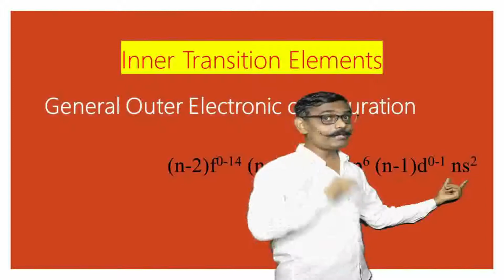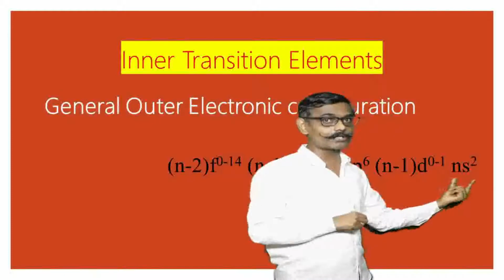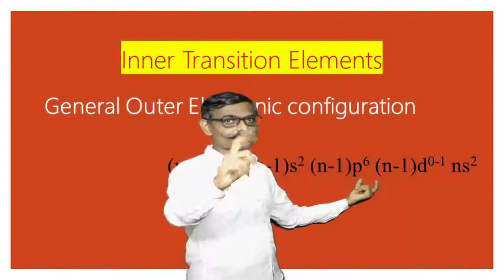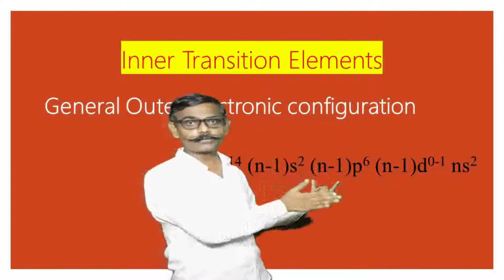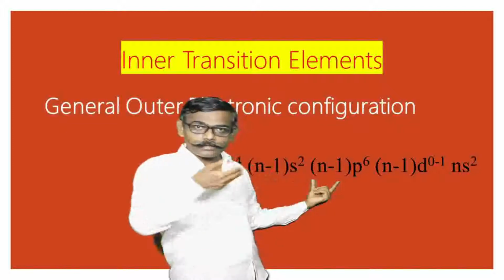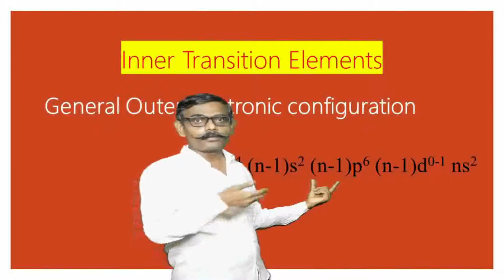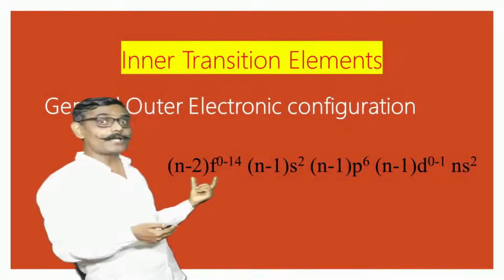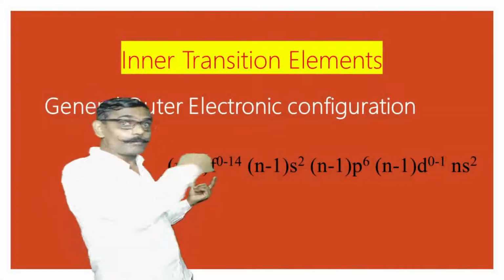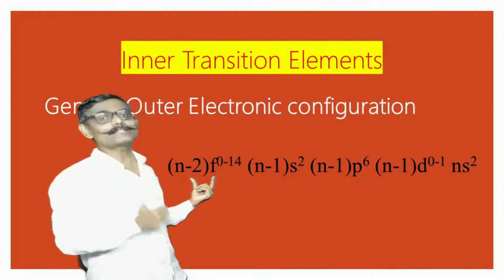So how many shells are there in this outermost electronic configuration? ns2 is the first, the outermost shell. (n-1)d, (n-1)p, (n-1)s are the pre-outer or penultimate shell. Before that, (n-2)f is the pre-penultimate shell.